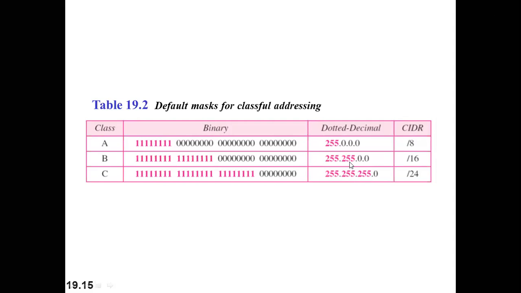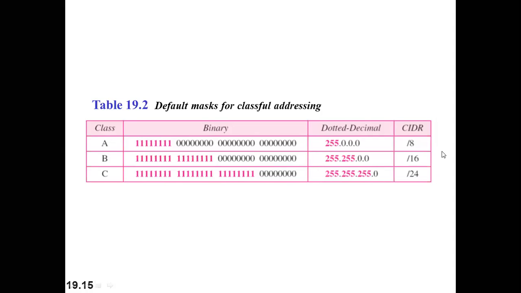In class B we are using 255.255, so the next octet is also in use, which is why we have slash 16, 8 plus 8. 8 bits for the first octet, the next 8 bits for the second octet. And for class C, the first, second and third octets are in use, 255.255.255, so the CIDR value for class C will be slash 24.